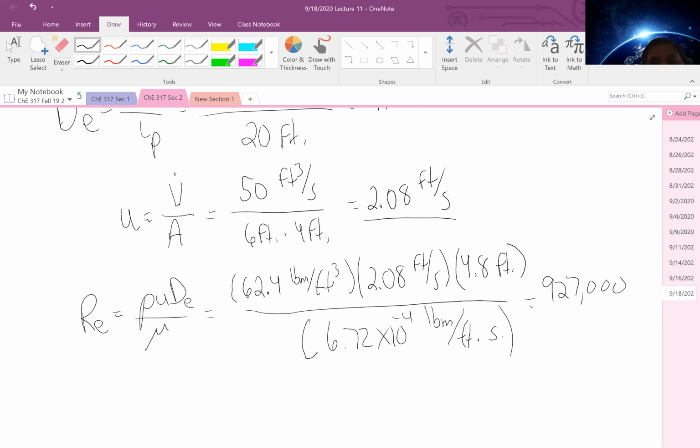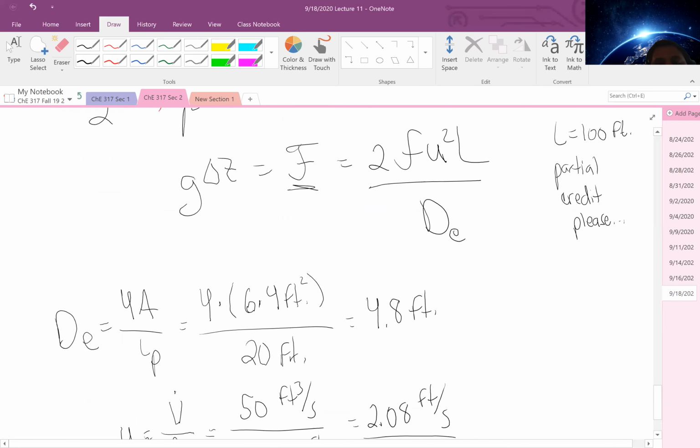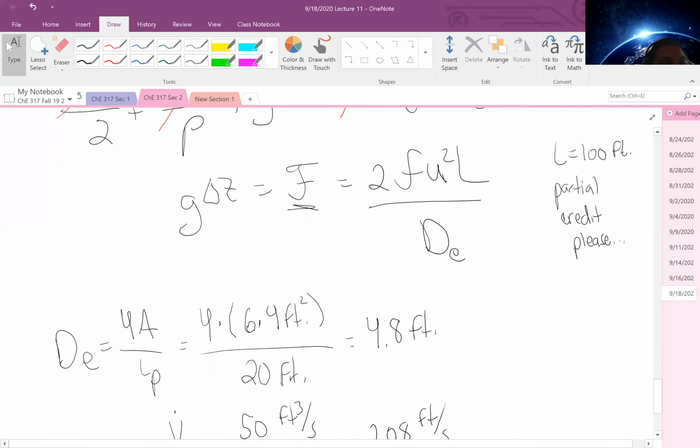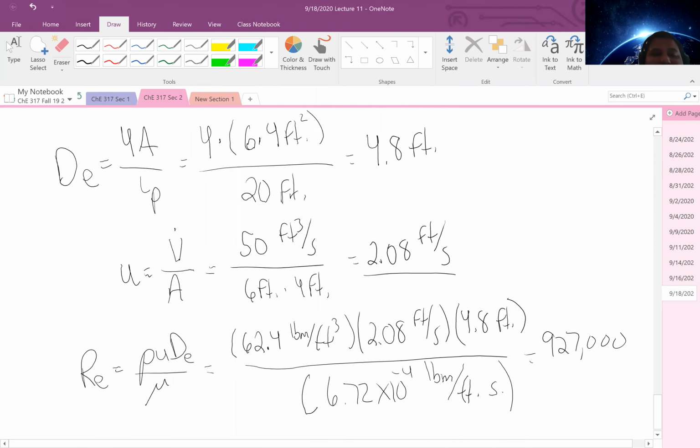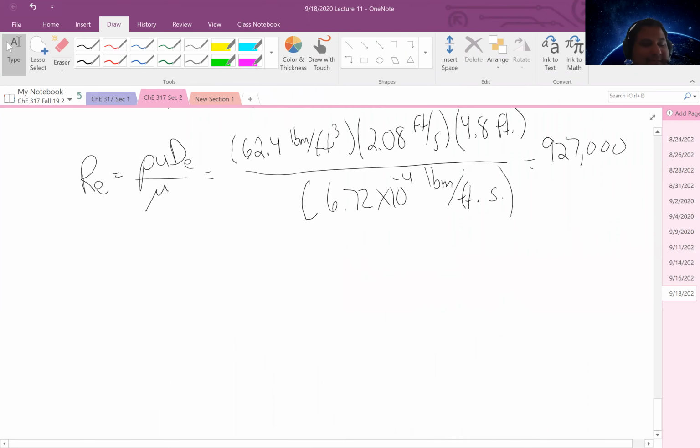So for this system, we have a Reynolds number. We would need possibly a relative roughness, which if I didn't give you a material to identify a relative roughness, what would you assume for this ditch? Concrete. There you go. Concrete. Yeah, it's the civil engineers.